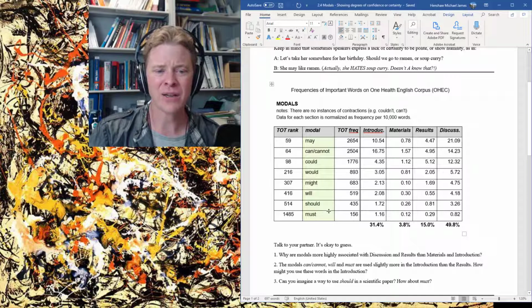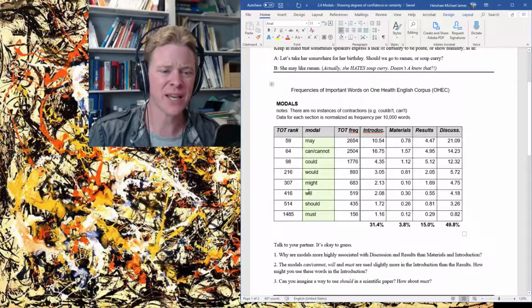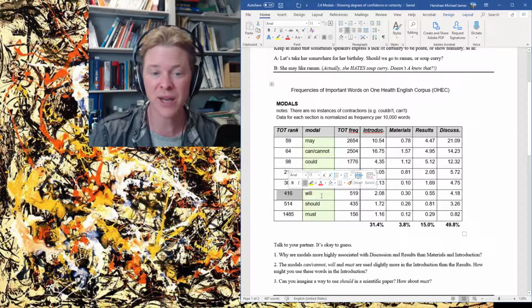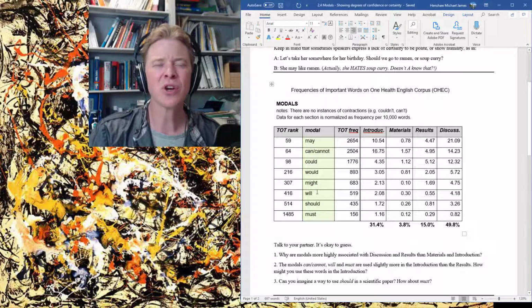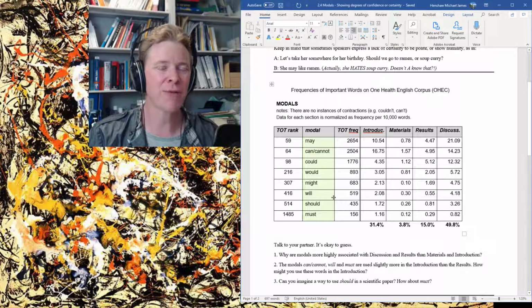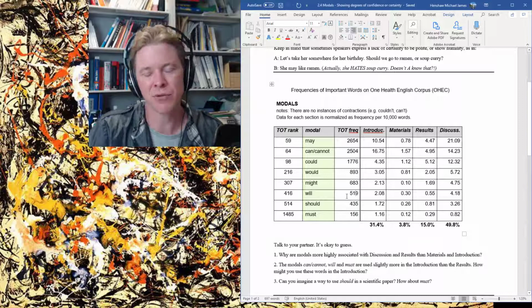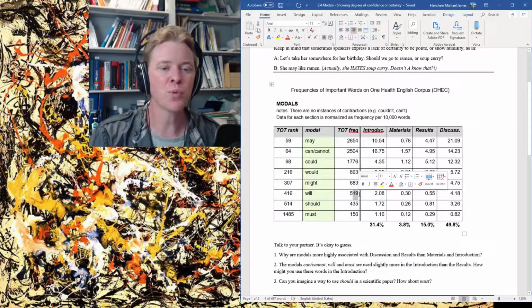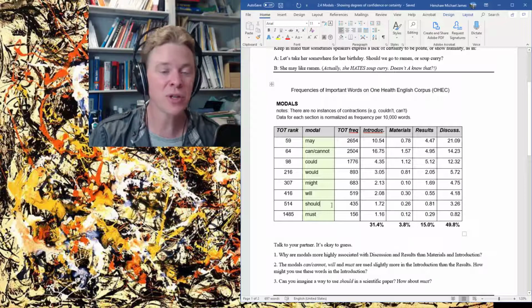And let me take the case of, say, will, total frequency of 519, not so low in the total rank. It means will is used in almost every article. There's 650 articles, so the majority of articles use will once, and also the majority use should at least once.